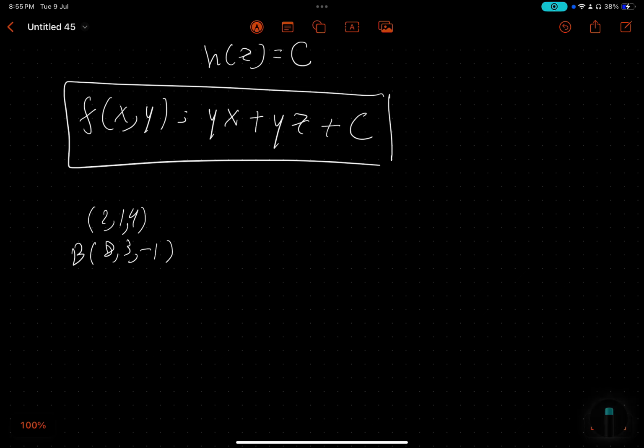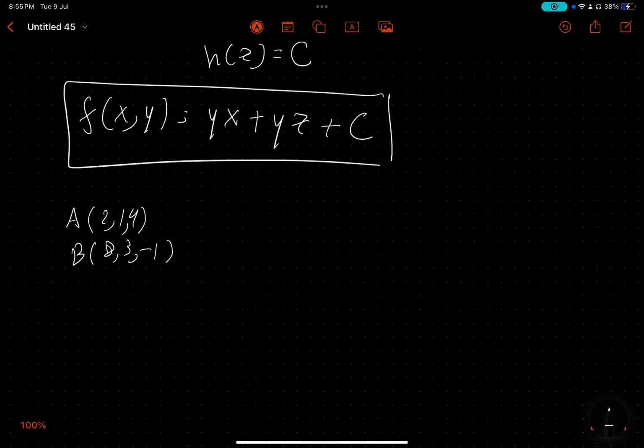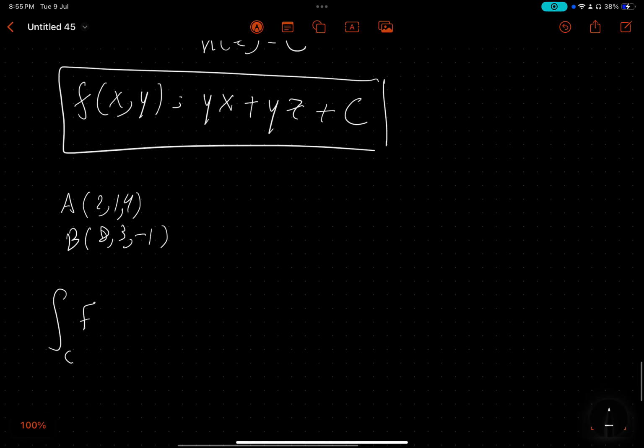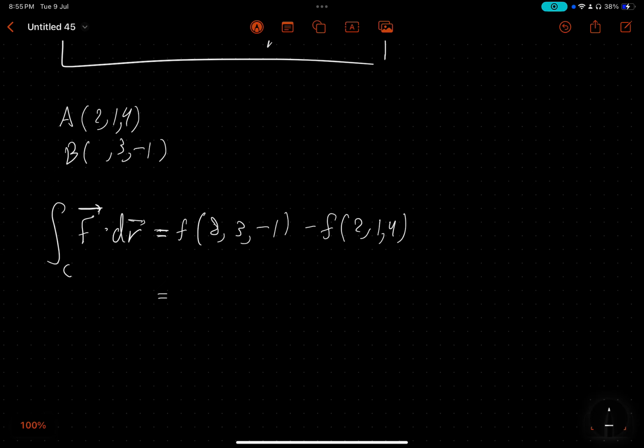And so the line integral over C of F dot dr is equal to f(8, 3, -1) minus f(2, 1, 4).